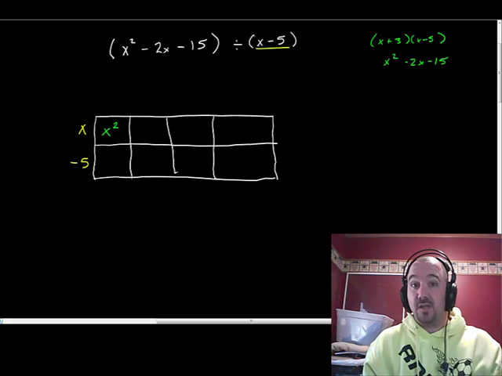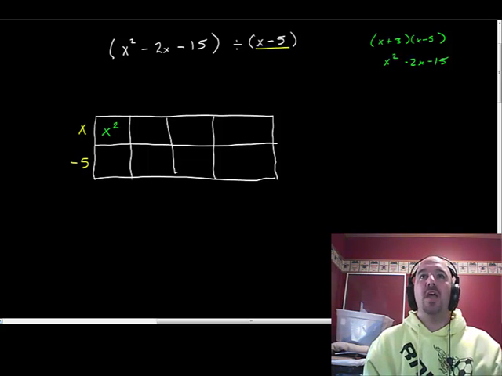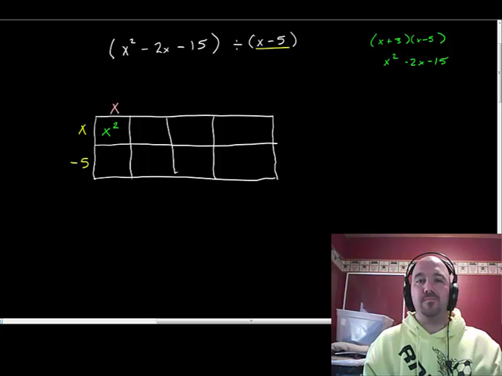So we ask ourselves, just like in long division, x times what is x squared, and we put that on top. It looks very similar to long division, doesn't it? And so x times x is x squared. So we're going to place that x right there on top.